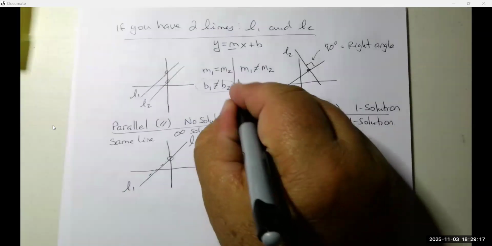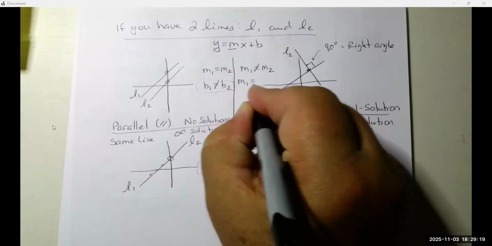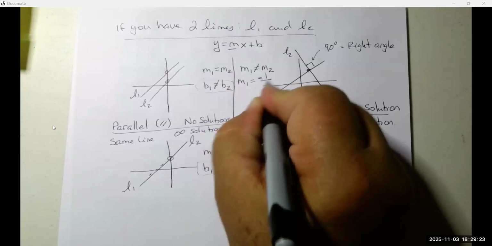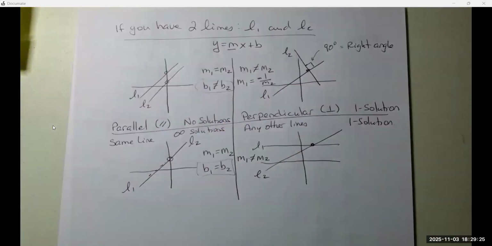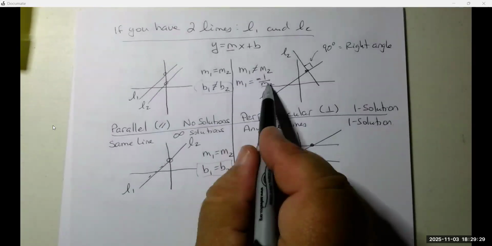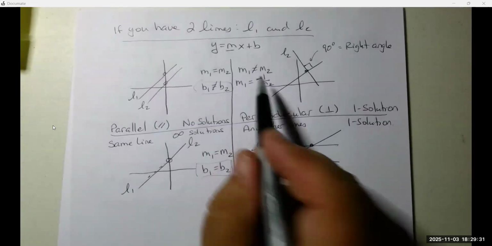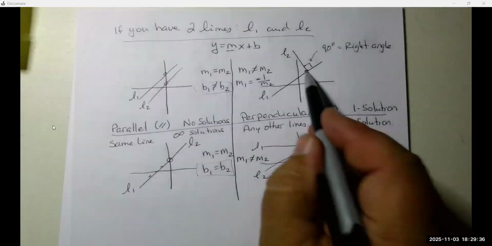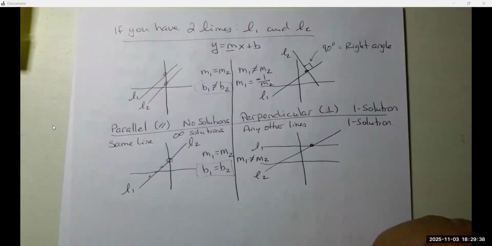The slopes here, the two slopes have to be negative reciprocals of each other. They have to be flips of each other, and one has to be negative, one has to be positive. They have different signs. That's how you know you have a perpendicular line.